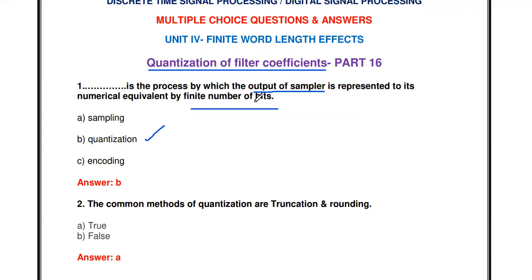The answer is quantization. Sampling is the process of converting a continuous time signal into a discrete signal. After obtaining the discrete signal, in order to convert it into a finite number of bits, we use the process called quantization.